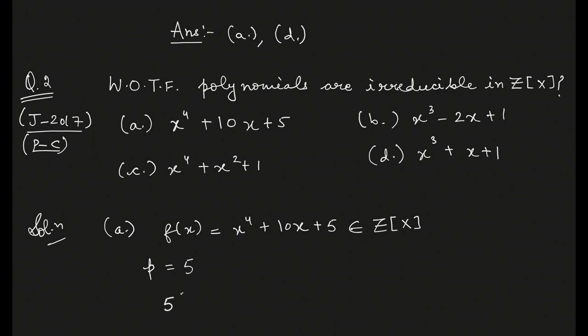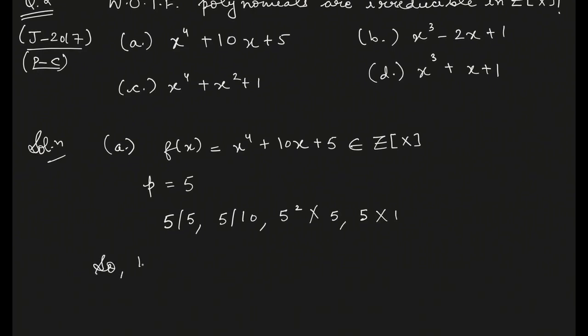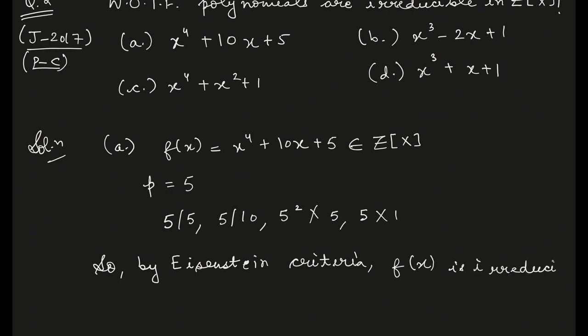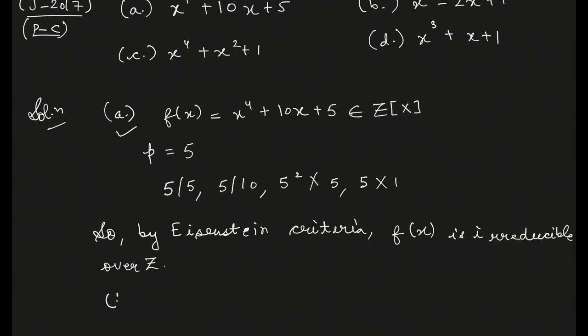So 5 divides 5. 5 divides 10. 5 square does not divide 5. 5 does not divide 1. So by Eisenstein criterion, f(x) is irreducible over integers. Option A is correct.